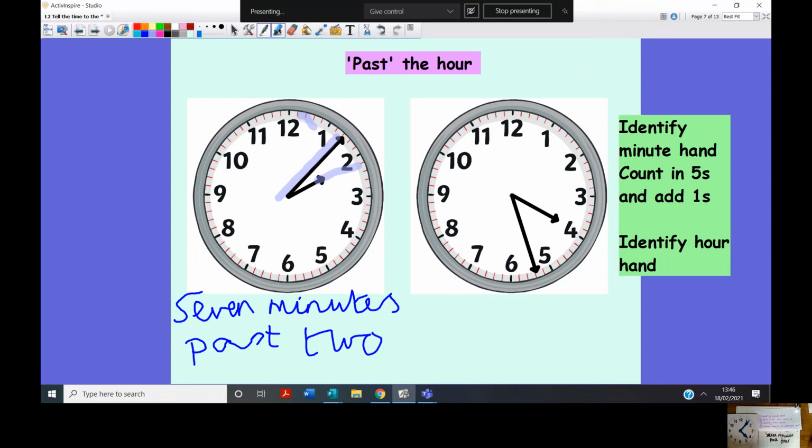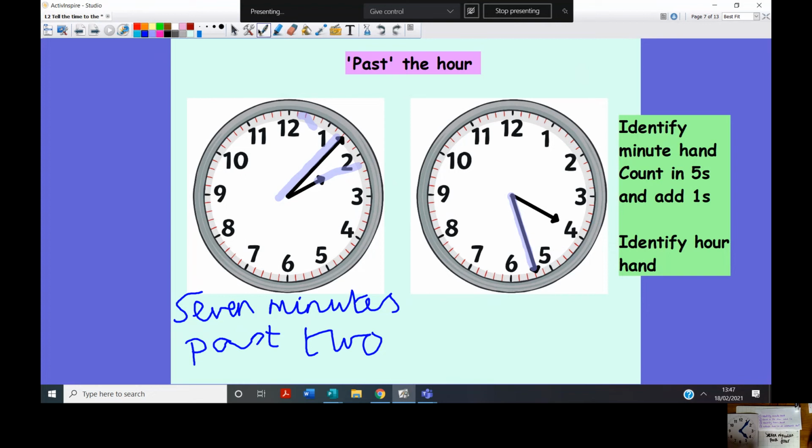Minute hand. Is it past the half past or before the half past? It is before, so we know our sentence structure is going to be minutes past. So how many fives? Where are we around the clock? How many fives are we going to count on? 5, 10, 15, 20, 25, 26, 27.